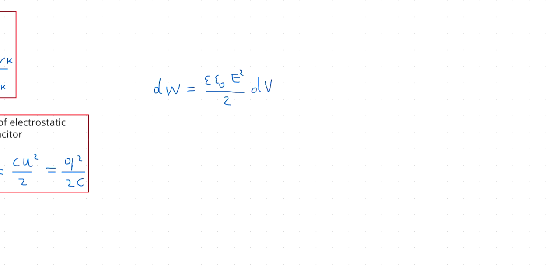And this value, epsilon 0 E squared divided by 2, is known as the energy density of the electric field. So we can denote this as omega E.